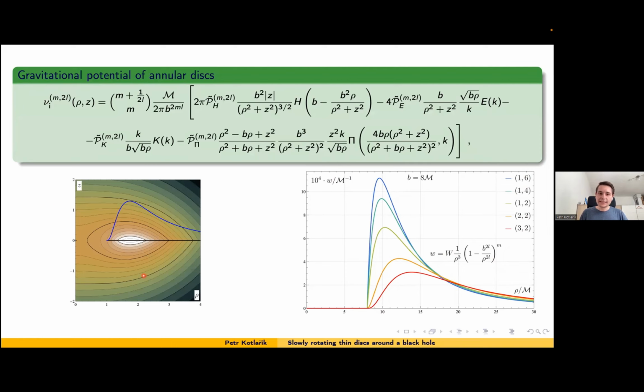Here on the left side, you can see again the disk, which is this horizontal thick black line with a reasonable density, which is the thick blue line, and the contour plot in the background. It is a contour plot of this potential, and it is, let's say, cartographic. So from the green areas to white areas, it means that the potential is deeper or is bigger.